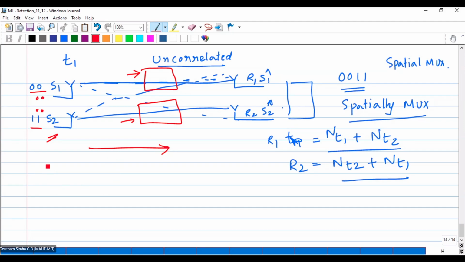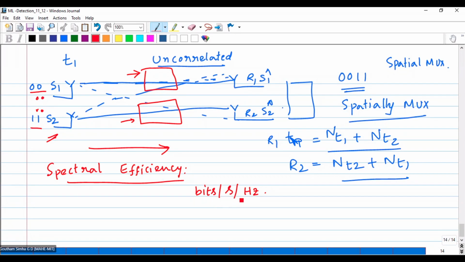What is that efficiency? That efficiency is called spectral efficiency. What does it mean? Spectral efficiency is defined for a specific frequency, for a specific channel usage. What is the number of bits transmitted per second for a defined bandwidth?